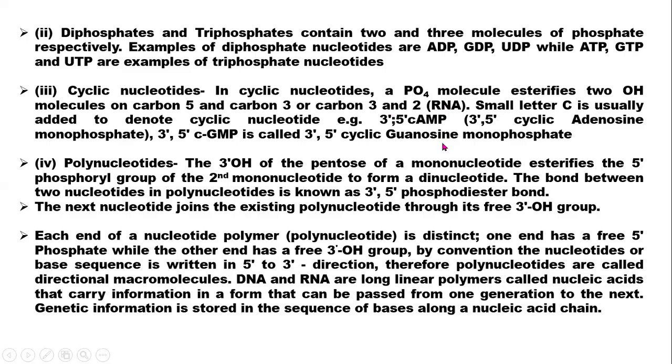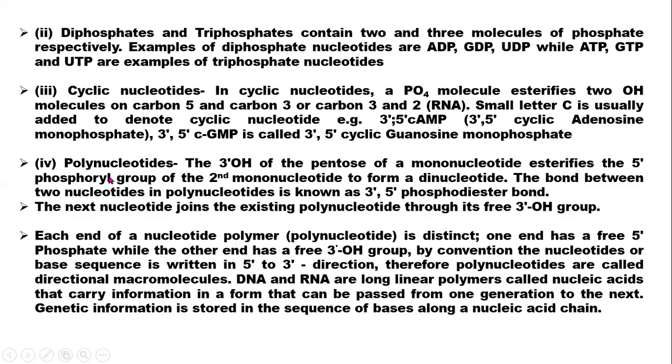So a small letter c is usually added to denote the cyclic nucleotide. For example, 3', 5' cAMP means 3', 5' cyclic adenosine monophosphate. You can have 3', 5' cyclic GMP. It's called what? 3', 5' cyclic guanosine monophosphate.